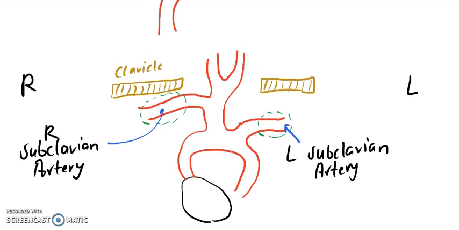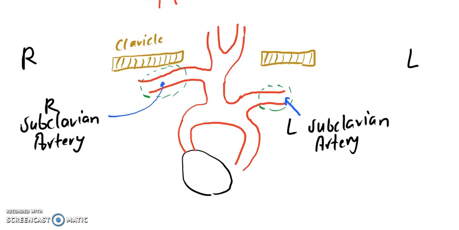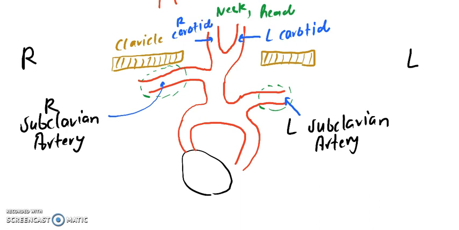Okay, so these two up here, which go to your neck and head, so this is going to go to the neck. This is also going to go to the head. We call these carotid arteries. So this one here would be the left carotid, and this one would be the right carotid.